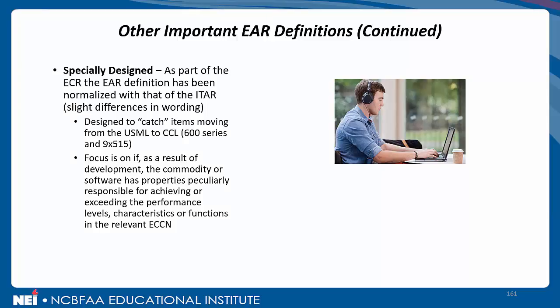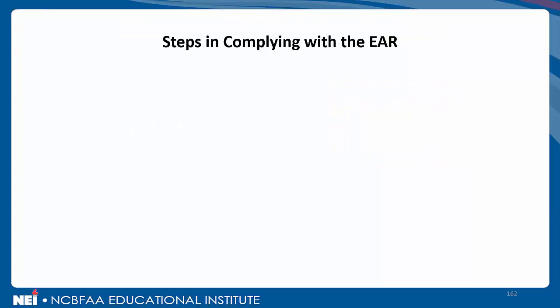But the focus, second sub-bullet point, is on if, as a result of development, the commodity or software has properties peculiarly responsible for achieving or exceeding the performance levels, characteristics, or functions in the relevant ECCN. It's all in the name. Has an item, a technology been specially designed? So we want to be able to catch items moving from the USML to the CCL using that aligned specially designed definition. We're going to stop here, and when we continue, we'll move on to steps in complying with the EAR.